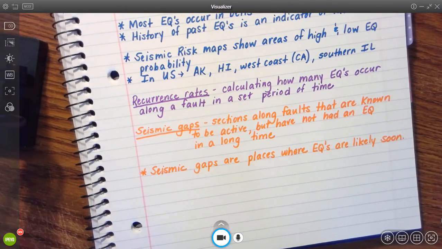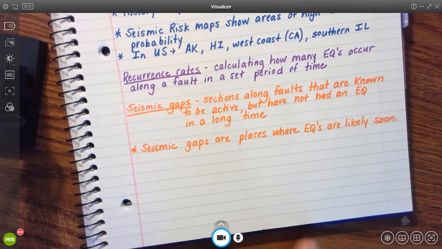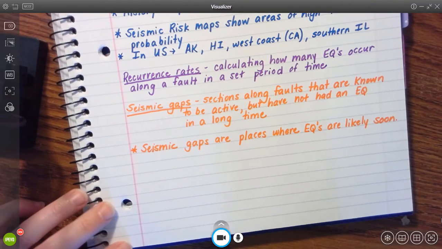And I say soon, kind of tongue-in-cheek, soon could be in the next 50 years or in the next 10 years. San Francisco is currently in a seismic gap. The last major earthquake in San Francisco occurred in 1906, and so that's quite some time ago. So we're expecting an earthquake in San Francisco, but that doesn't mean we're expecting it tomorrow.